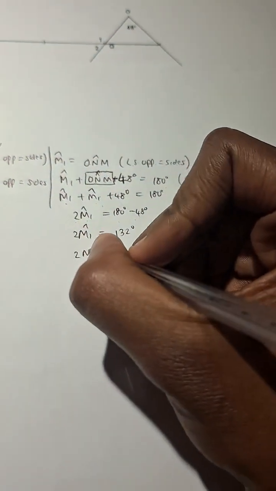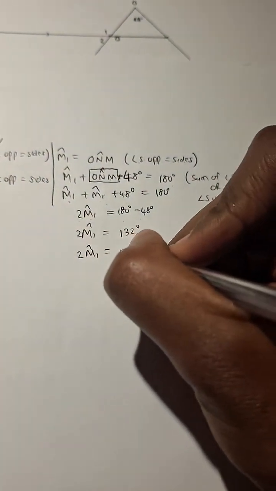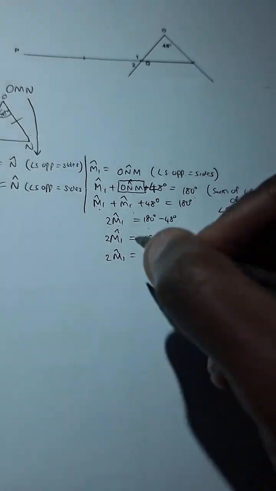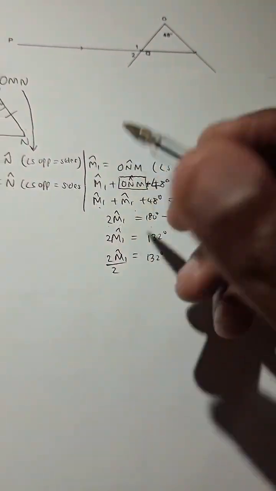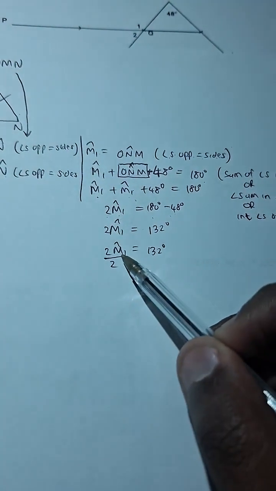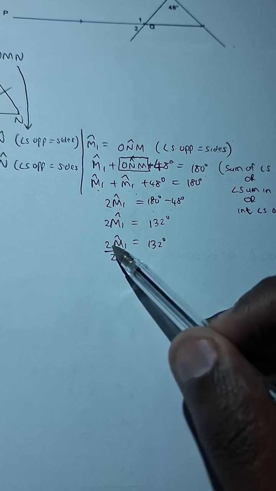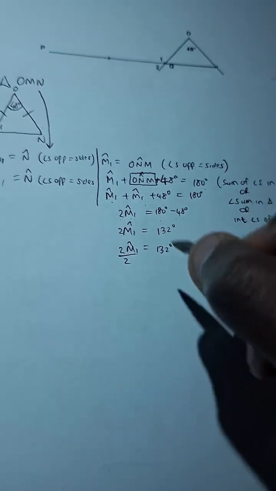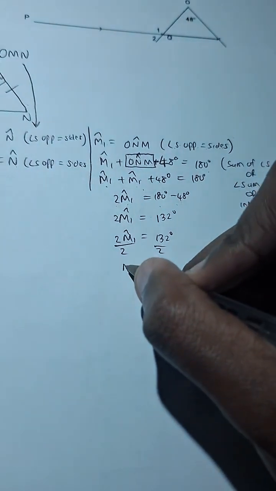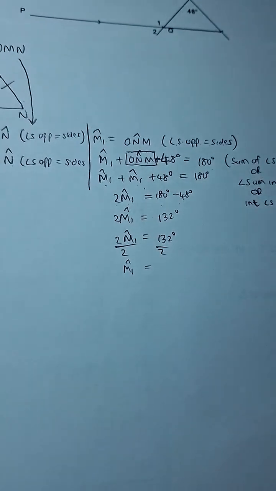Then what do I do after that? Since I want just angle M1, I'm going to divide by the coefficient of the angle, in other words, the 2 which is multiplied to angle M1. I'm going to divide by 2. But what I do on the left, I do on the right. So then I get angle M1, which is equal to what?